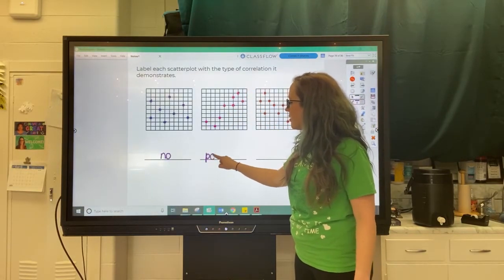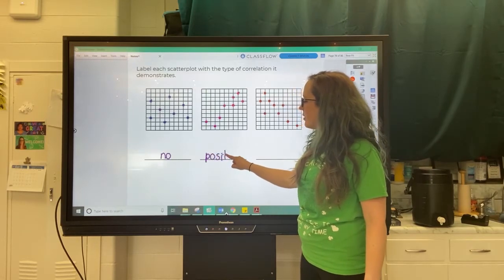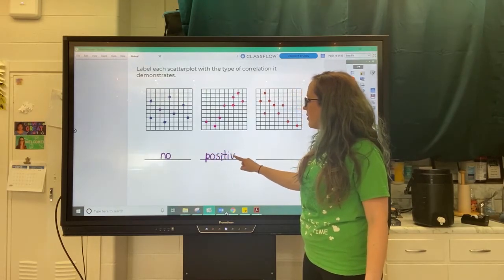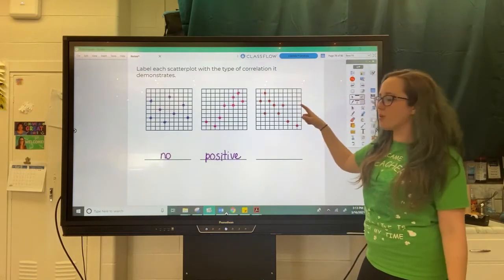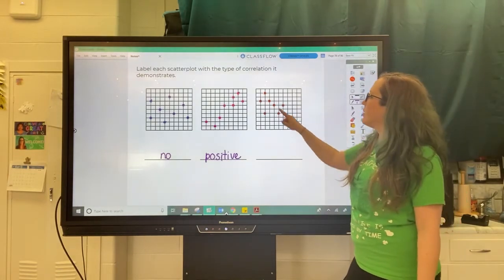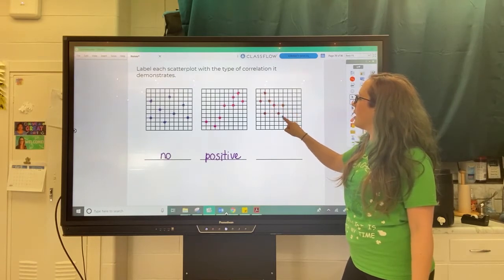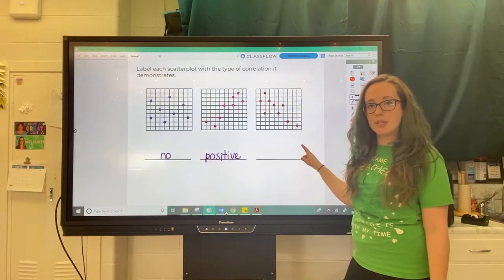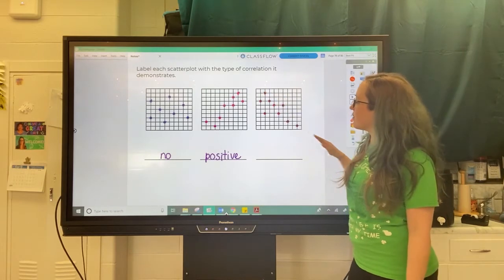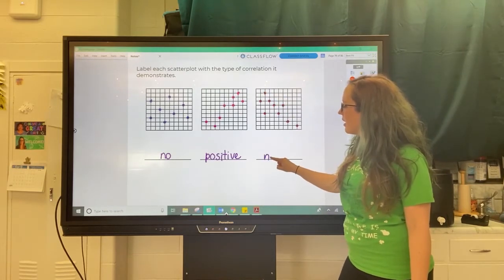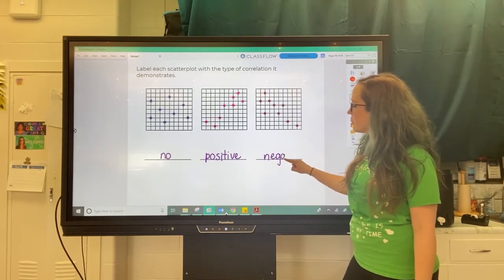That's a positive correlation. And then this one, I'm sure you can guess by now. My points started really, really high and then they got really low. Okay, and just like a negative slope, this is a negative correlation.